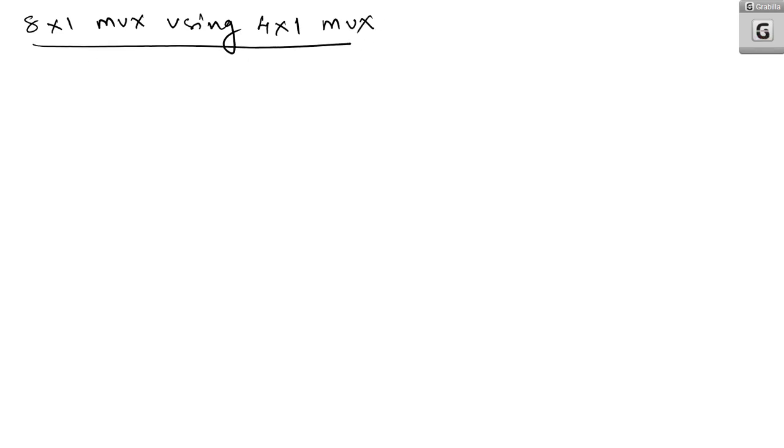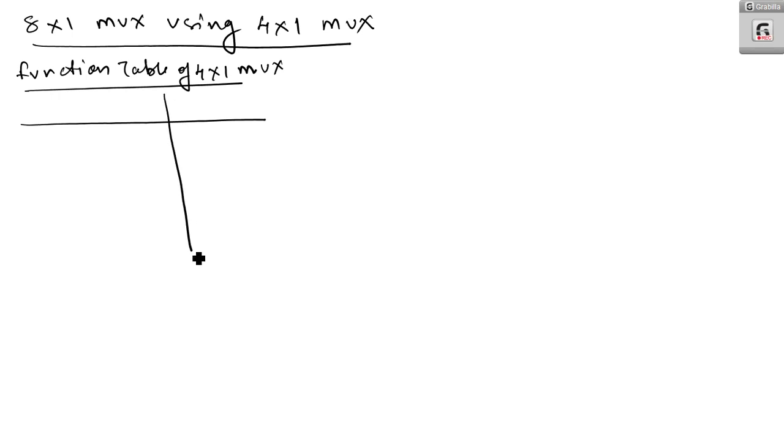Let me write the function table of 4x1 MUX. 4x1 means you have inputs D0, D1, D2, D3, and there are two selector switches, S1 and S0.